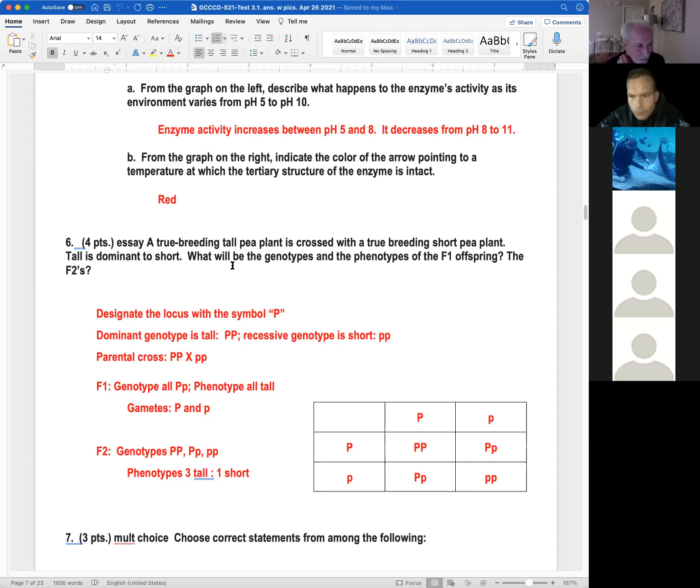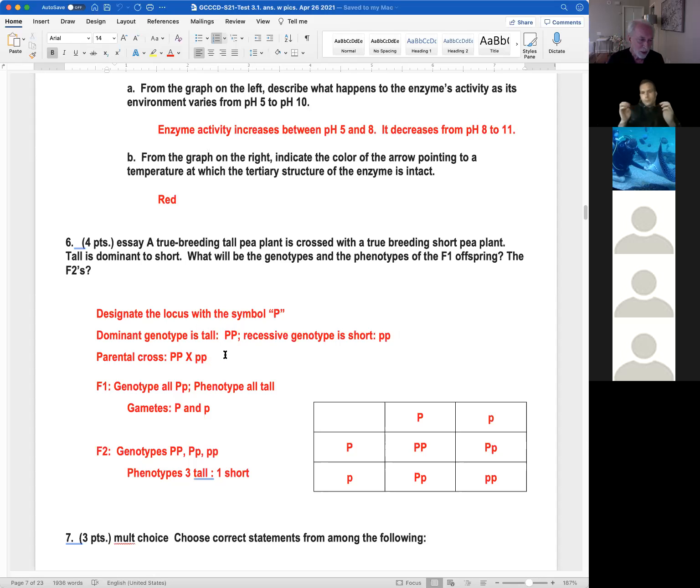So since it's true breeding and tall is dominant, the dominant genotype is big P, big P, homozygous dominant. That automatically makes the alternate allele, little p, little p. The parental cross then is big P big P times little p little p.